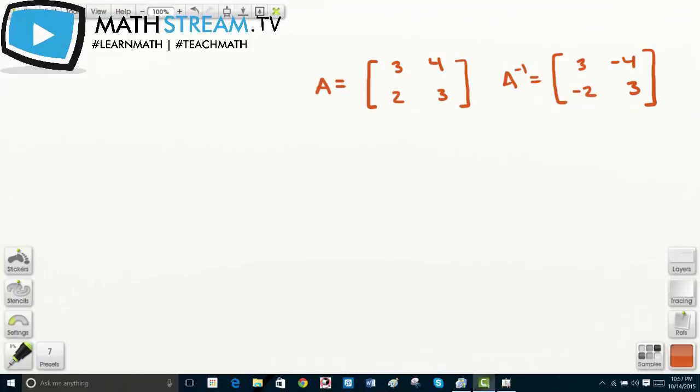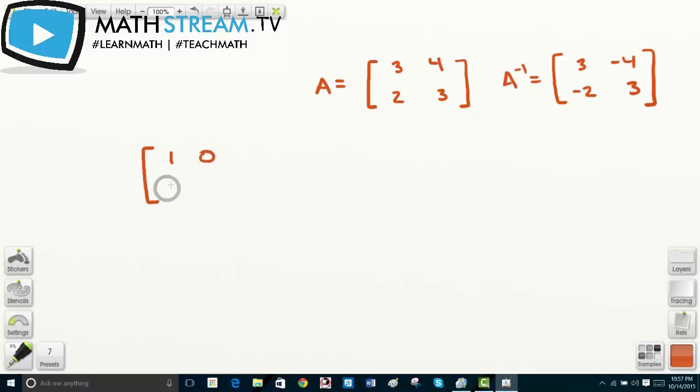Okay, so before we finish this recording, I want to just quickly talk about how we can check our work to make sure that we figured out the inverse matrix correctly. So I have what we found for A, or what we knew was A, and also what we found for A inverse. Now when we talk about matrices, we have something that's called the identity matrix.